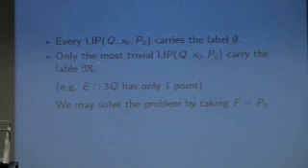As promised, every local interpolation problem carries the label empty set, but only the most trivial ones carry the label script M. And I don't want to waste the 2 minutes to explain it, but the fact is that any local interpolation problem that carries the label script M is so trivial that maybe E intersect 3Q has only one point, or maybe something else, maybe the sigma is very big.